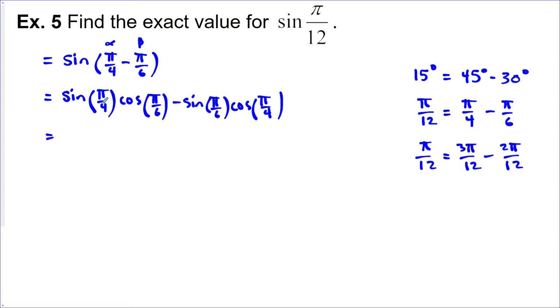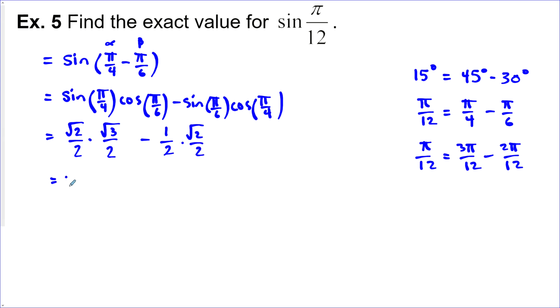We know sine pi over 4, it's root 2 over 2. We know cos pi over 6, it's root 3 over 2. We know sine pi over 6, it's 1/2. And we know cos pi over 4, it's root 2 over 2. Now we can simplify this.